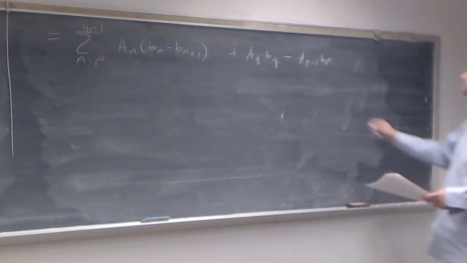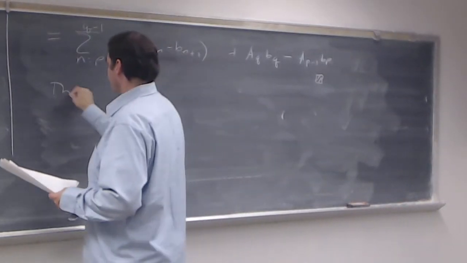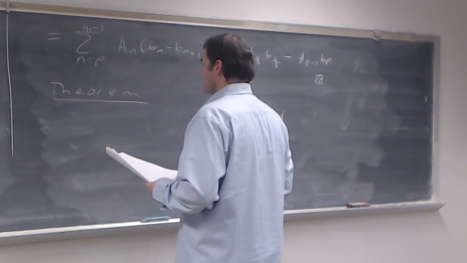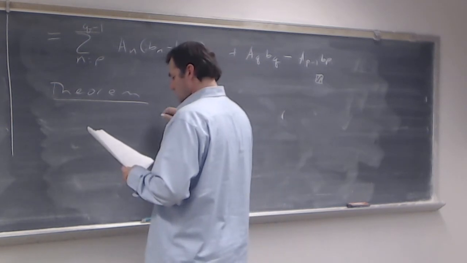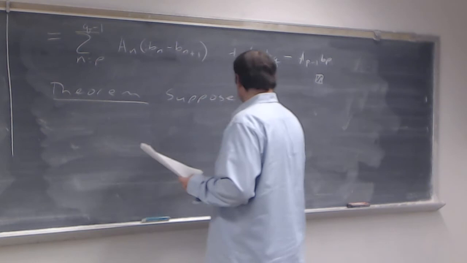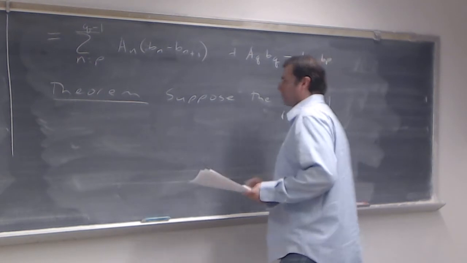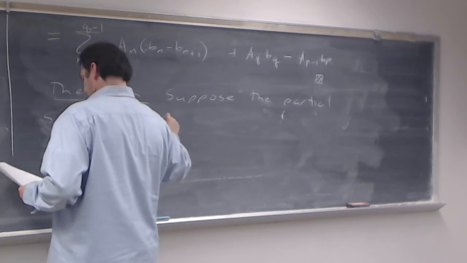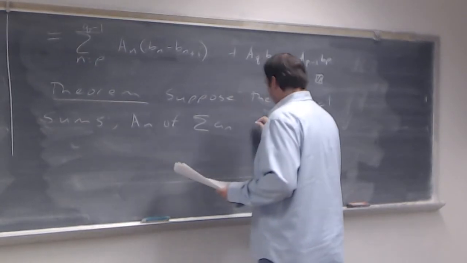Okay, so that ends that proof. Now, as a new theorem, suppose the partial sums A sub n of a series, little a sub n, form a bounded sequence.